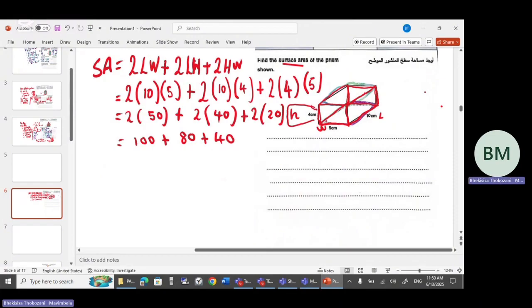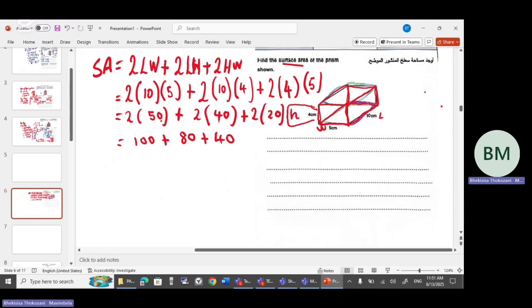Okay, and now I went to the HW, and then my H is 4 and my W is 5. I think that makes sense. And then after that, I multiply these ones here. 10 times 5, I got 50. 10 times 4, I got 40. 4 times 5, I got 20. Clear? Then I now come to the next part.